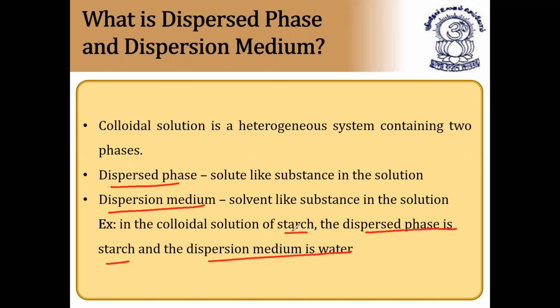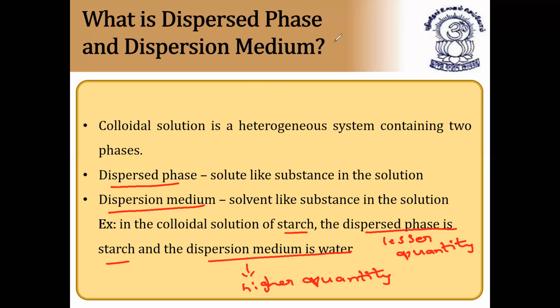The lesser quantity is the dispersed phase, and the higher quantity is the dispersion medium. Just like solute and solvent, but we cannot call them that because it is a colloidal solution.